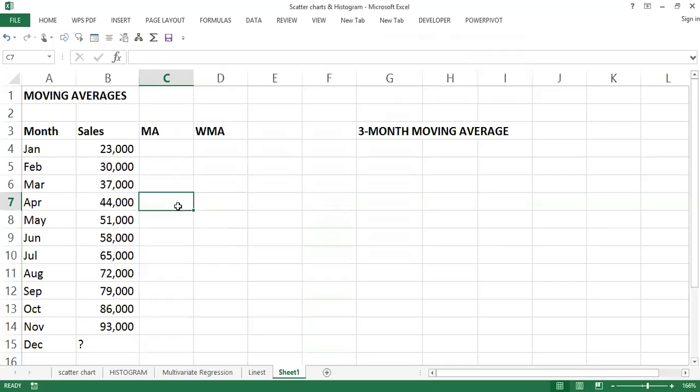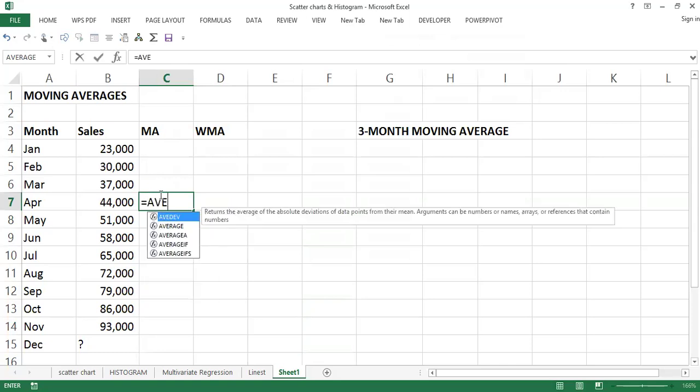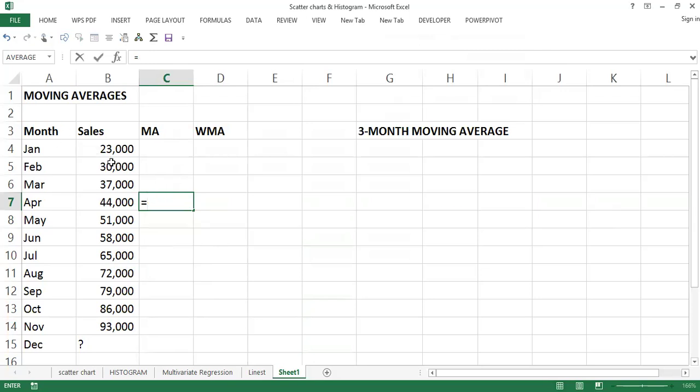So here we are going to say equals the average. I could use the average function, if I like, but I don't want to use that. Let's do it in such a way that the concept will be understood clearly.